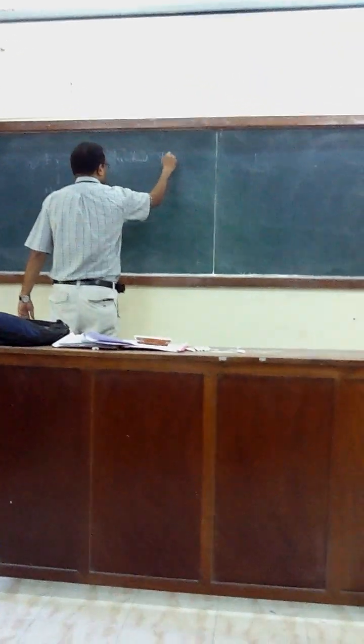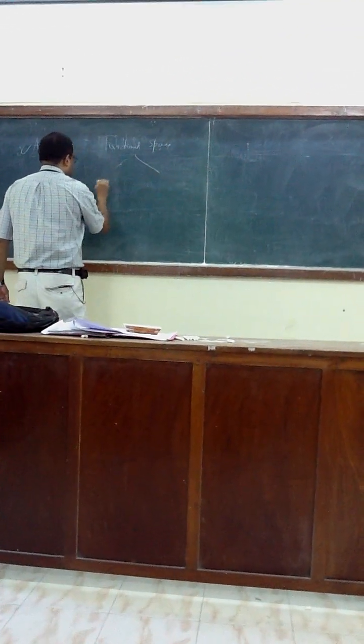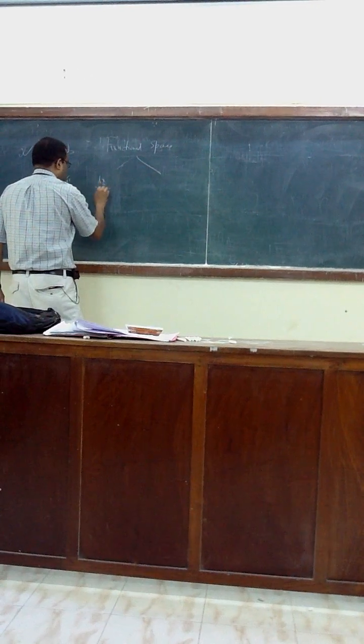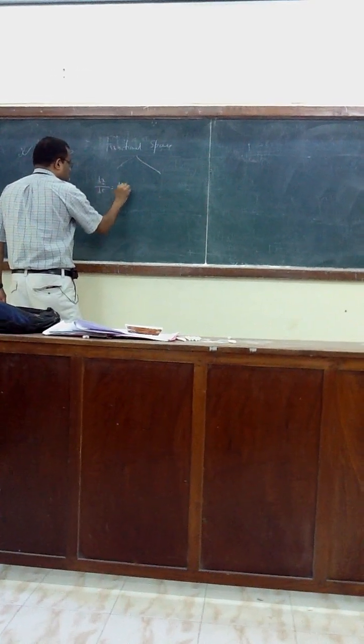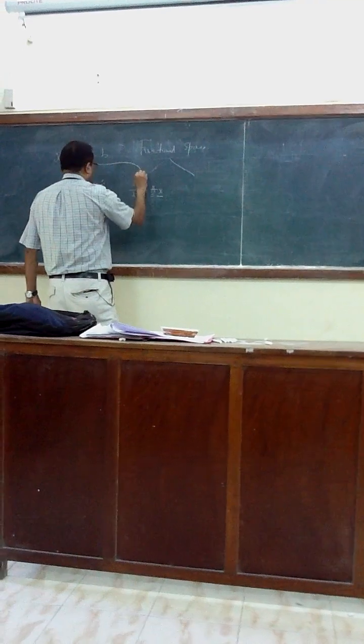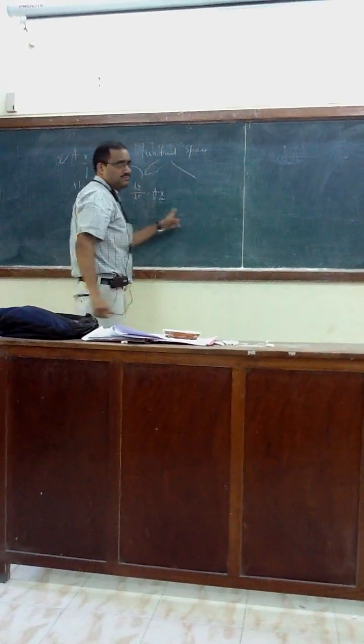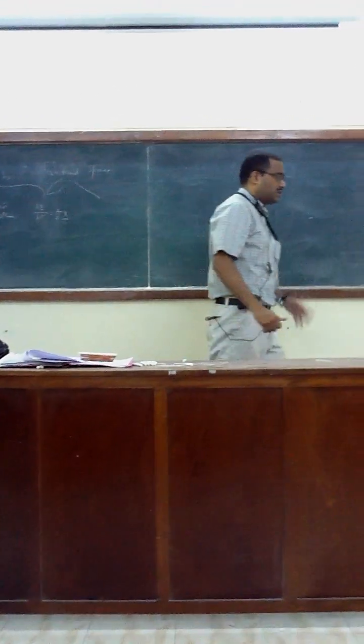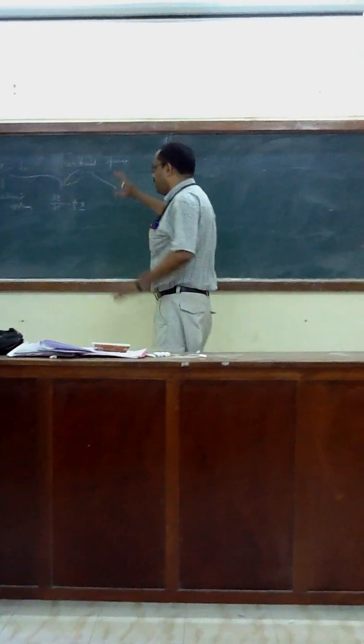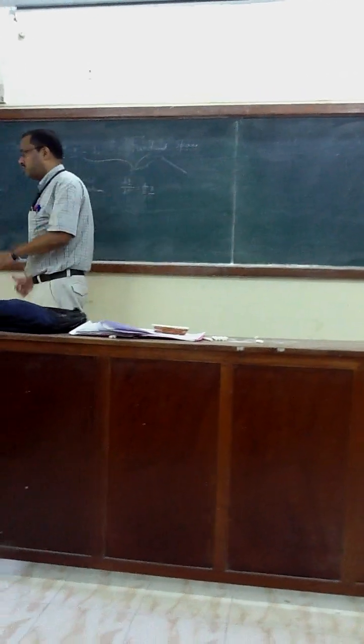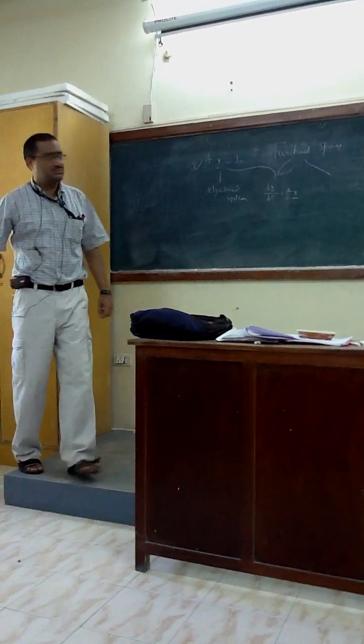We had a system like dx/dt equals Ax. That is the commonality for the vector space and functional space. Okay, this is a commonality. So for any functional space, if you have an ordinary differential equation, you can convert it to dx/dt equals Ax and convert it to the vector space problem.